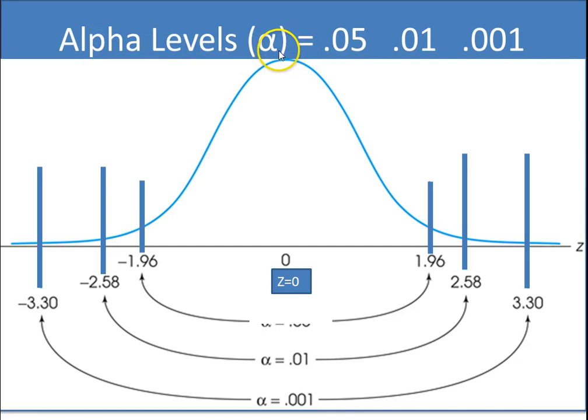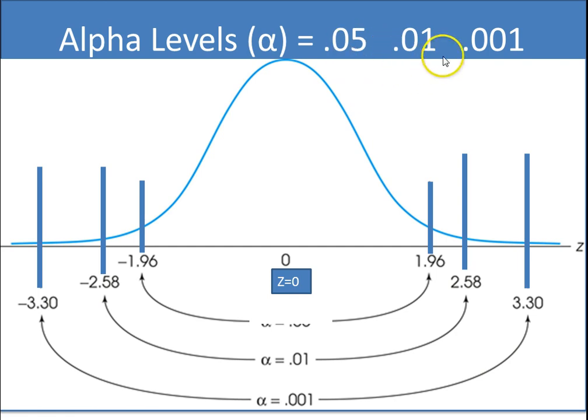By convention, alpha levels are 0.05, 0.01, or 0.001. What this means is that if we choose an alpha level of 0.05, then we will allocate 5% of our distribution of sample means to critical region or low probability area.